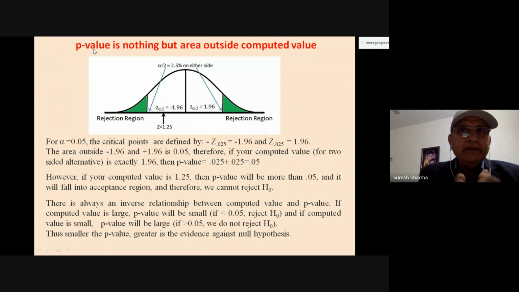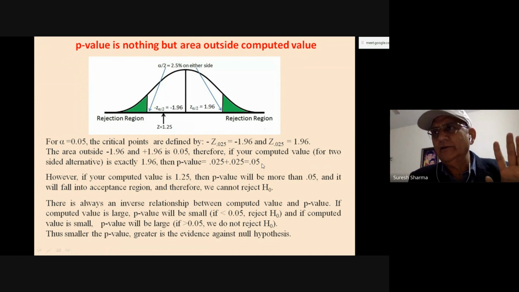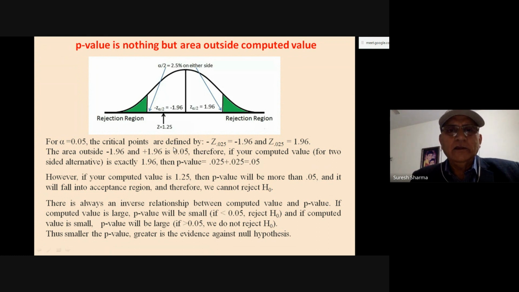P-value will be the area outside 2.79. So it will become less. The green region will become smaller. So your p-value will certainly be less than 0.05. So whenever you increase your test statistic value to 2.79, p-value is becoming small.